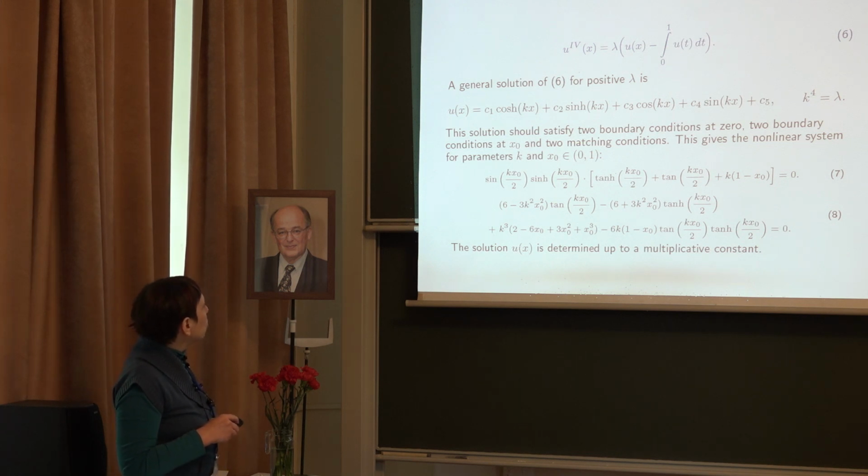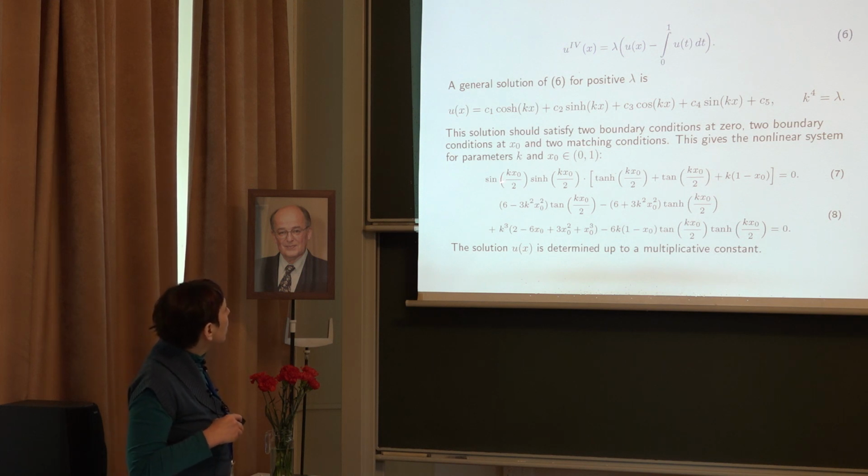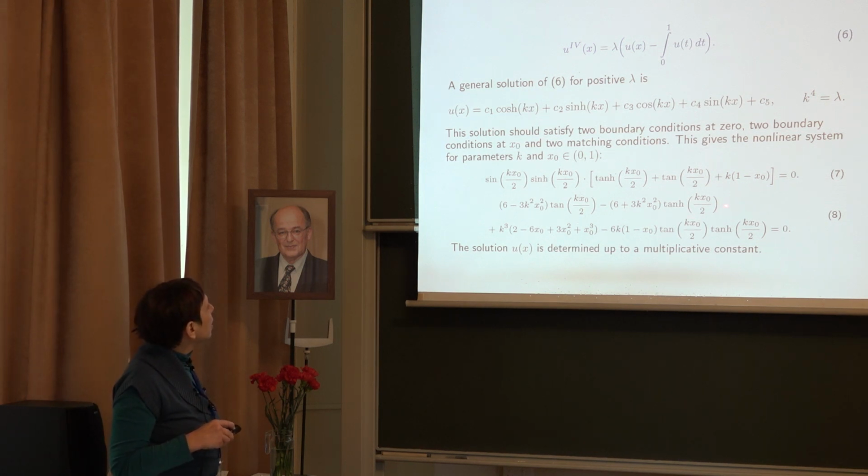This leads to a nonlinear system for parameters k and x null. We find all the constants except for x null and k, and we exclude the extra constants.